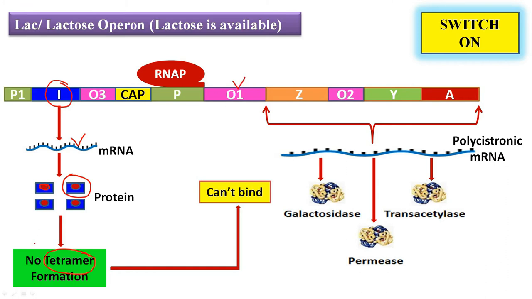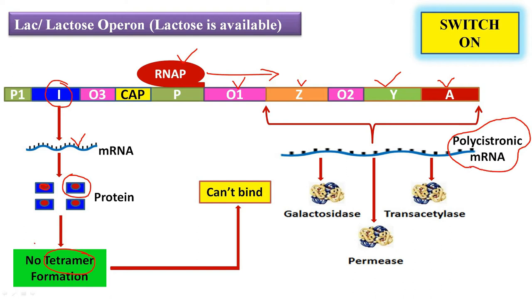Operator site is free. As a result, when RNA polymerase binds to the promoter, it can slide over to the structural genes Z, Y and A to perform their transcription and synthesize a polycistronic mRNA.